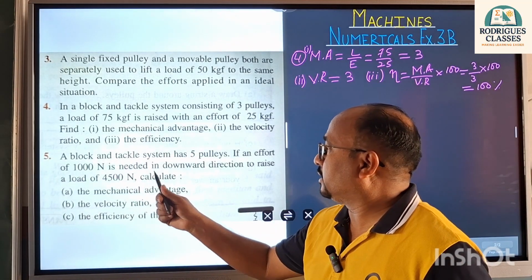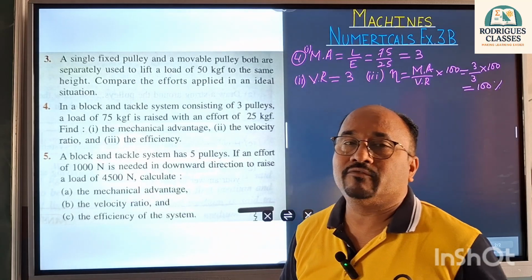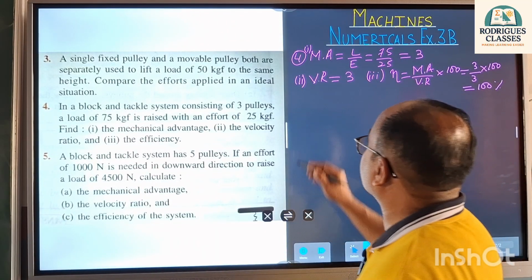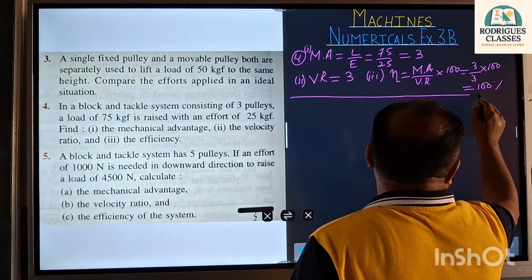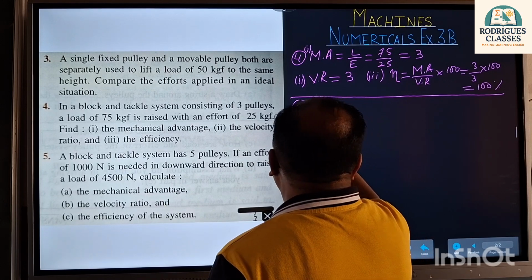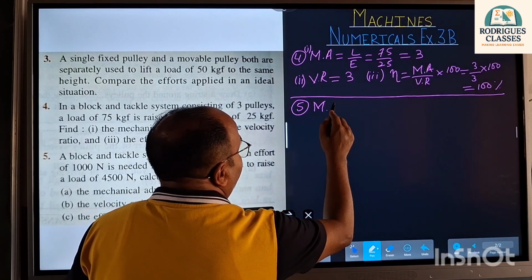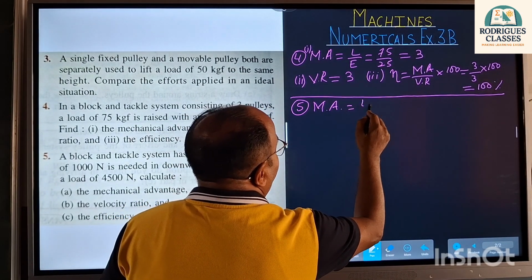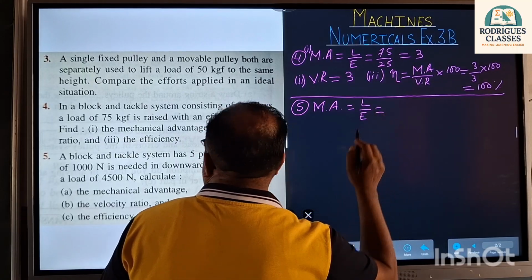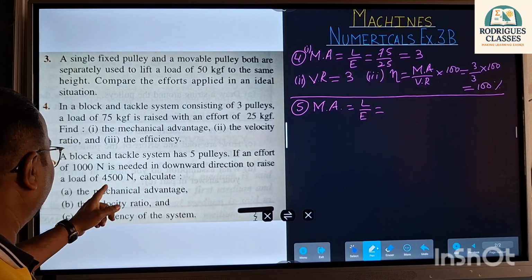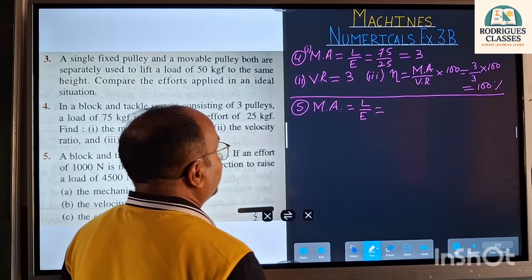So because the load and the effort is given, again I repeat, I will find the mechanical advantage by using the load and the effort part. So mechanical advantage is load by effort. So here the load is 4500 and the effort is 1000.